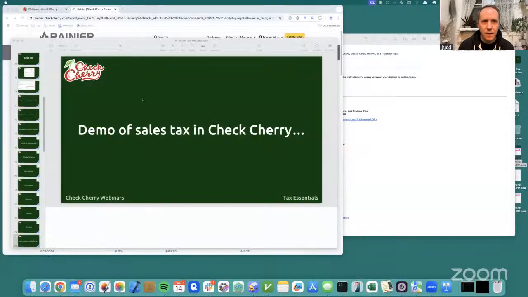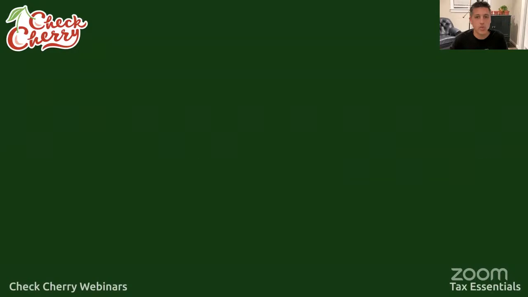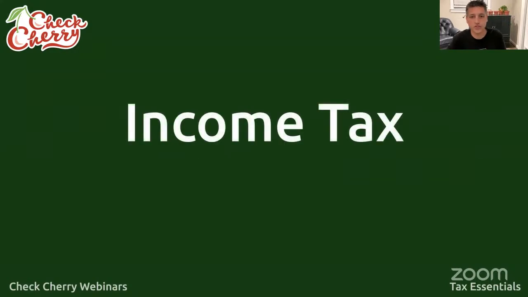Okay. And Tim says, I know I received a 1099 from Stripe for all credit card payments, but do I receive anything official from Check Cherry that I need to file? Well, we'll get into that just a little bit. He says based on tax collected. So Check Cherry does not have an obligation to report to the government the taxes that you say you've collected.